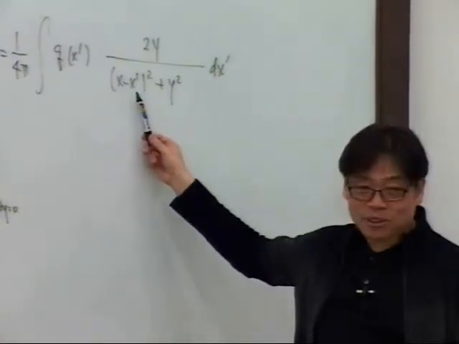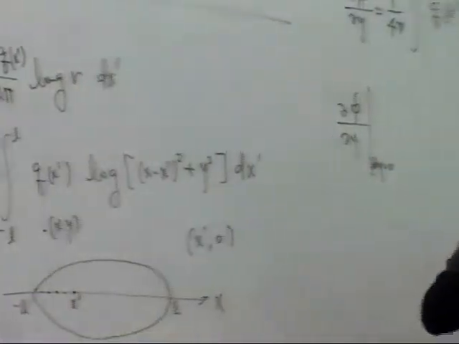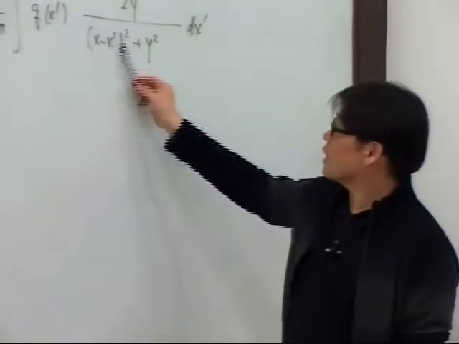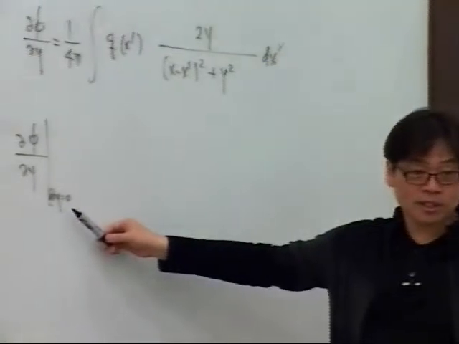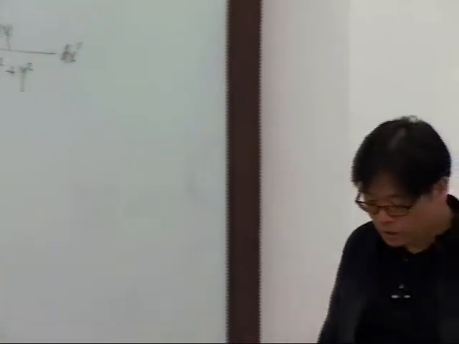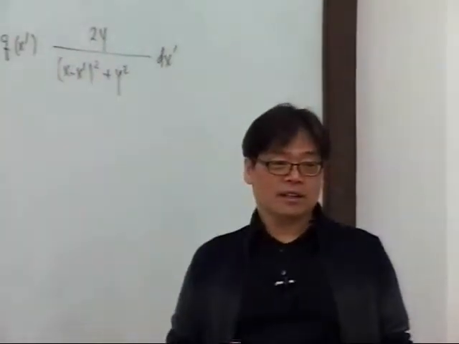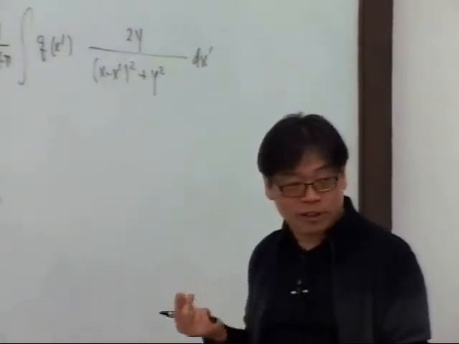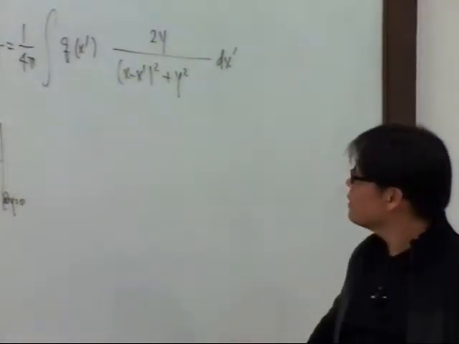But if x is not equal to x prime, the way that you try to impose the boundary condition, then if this is not 0, then this is 0 when I evaluate at y equal to 0. Okay? So what you need to do is to take care of this part carefully, and that's the thing that I'm going to explain.